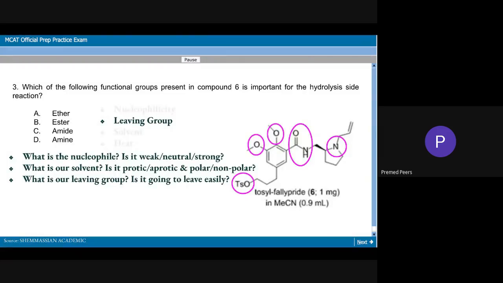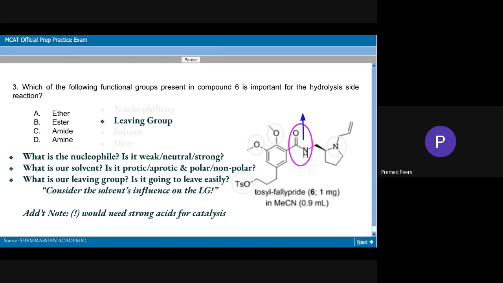Secondly, none of those leaving groups is going to be charged, so they're not going to be leaving very easily, especially in a protic solvent right now. Plus, we don't have an acid to act as the catalyst for this reaction. So they're not going to be leaving very easily.